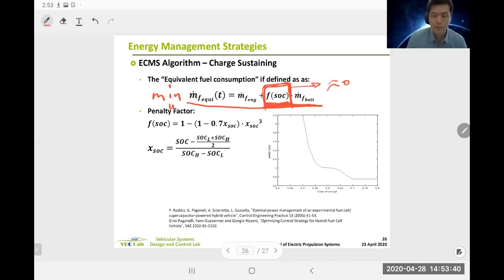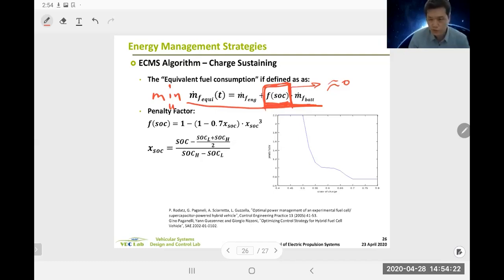So what this means is the battery energy is cheap, right? Battery energy is cheap. It doesn't cost you much, right? So you will choose EV mode, because even if you use the battery, it doesn't have an impact on the equivalent fuel consumption, because it's 0, no matter what you do here. Right?